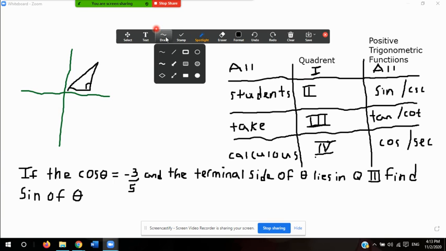Now, if I look at the second one, it says students, and it says quadrant 2. If the terminal side of the triangle is located in quadrant 2, it's telling me that the only positive function is going to be the sine, and consequently the sine and the cosecant, because remember that the cosecant is the opposite of the sine, okay?